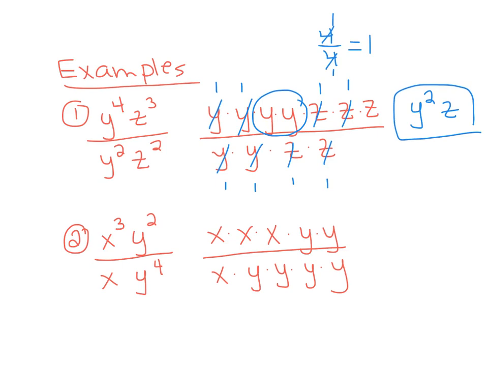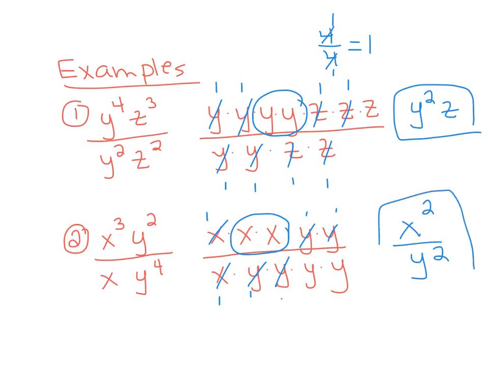So then I'm ready to cancel. X for an x, those turn into a 1. Y for a y, for a y. Here's what I'm left with: in the numerator, x squared; in the denominator, y squared. That's my final answer.